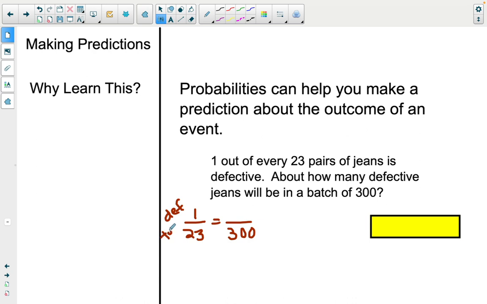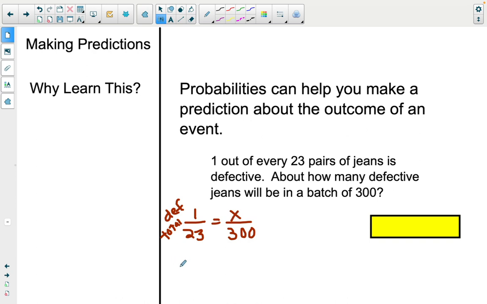It's good to get in the habit of labeling what you're looking at so that you know where to place your numbers. So if we're talking defective out of total, we have one defective pair out of 23 total. So how many defective out of 300 total? I'm going to put my variable x here.